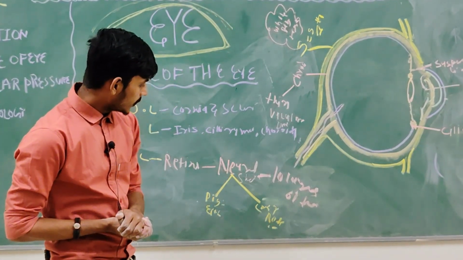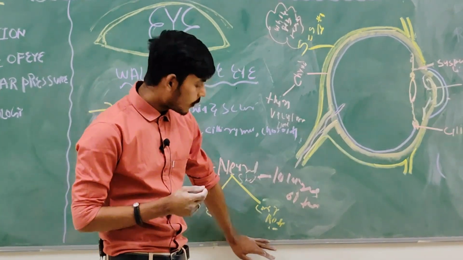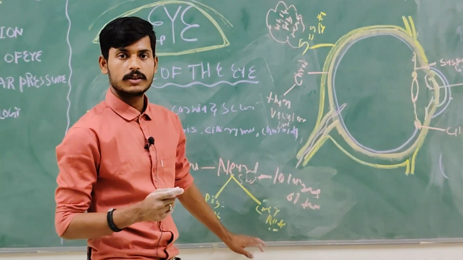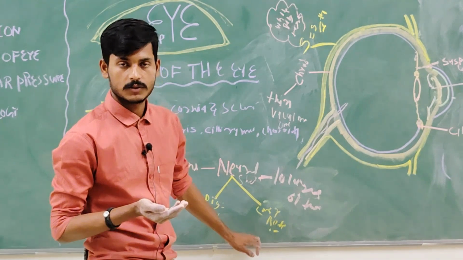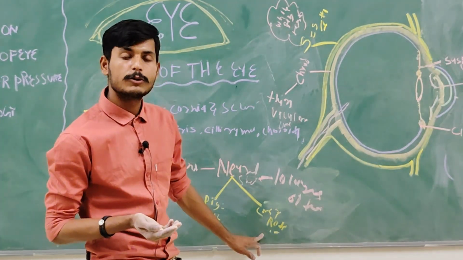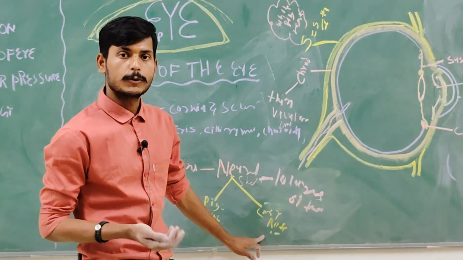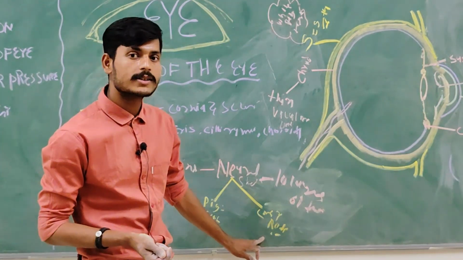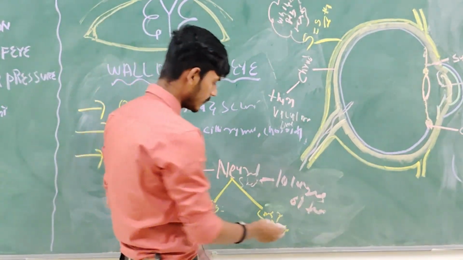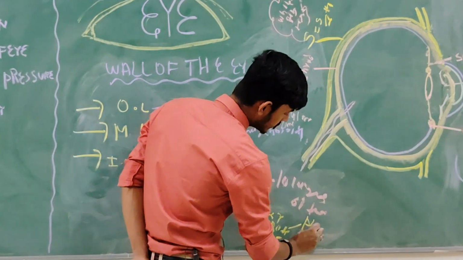Just remember that cones and rods are the actual cells for vision. They are called photoreceptor cells, or also visual receptor cells. Write down, it's a photoreceptor cell.